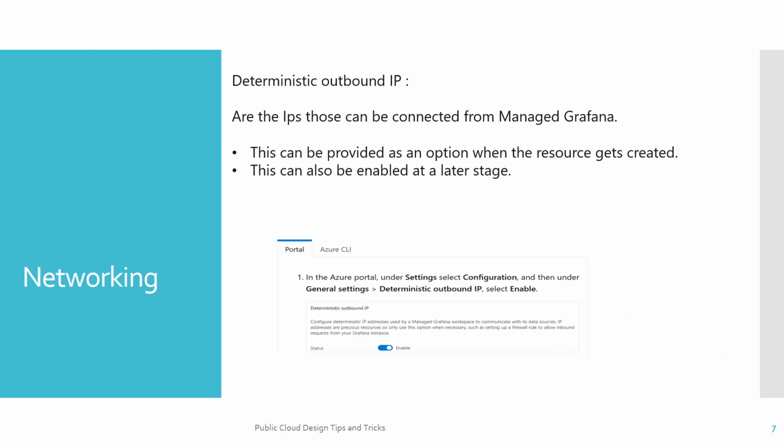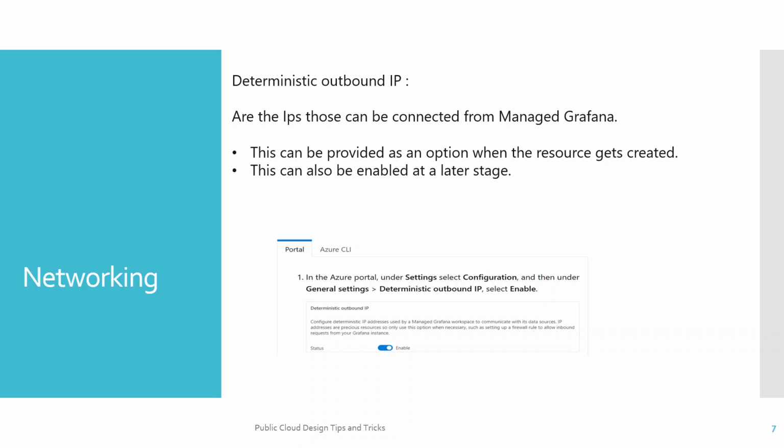There is another concept in managed Grafana, deterministic outbound IP. So what is that? This is basically used when you are connecting from managed Grafana to different services running in different IP spaces. It can be anything. This can be provided as an option when the resource gets created.